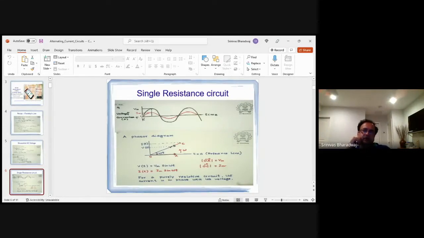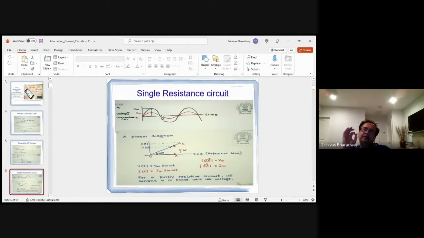Now notice that a resistor is just a linear circuit, most of these circuits are linear. A resistor is just a passive circuit. All that it does is absorb power, and it absorbs power in phase. So the current is completely in phase. If this is sine omega t, this is also sine omega t, right?